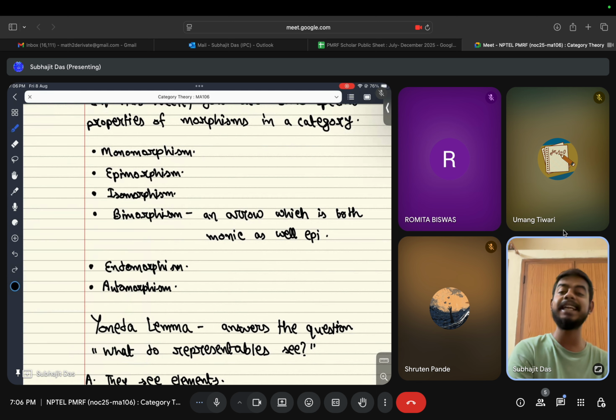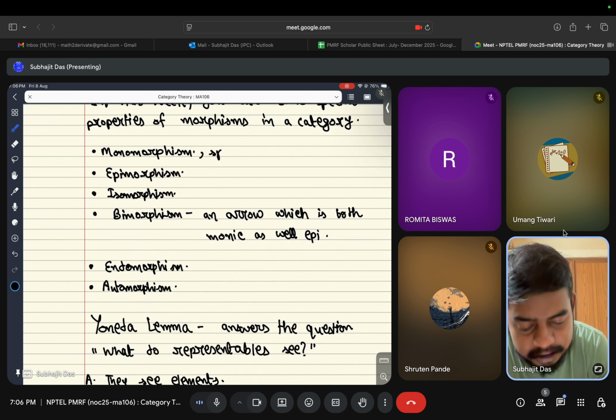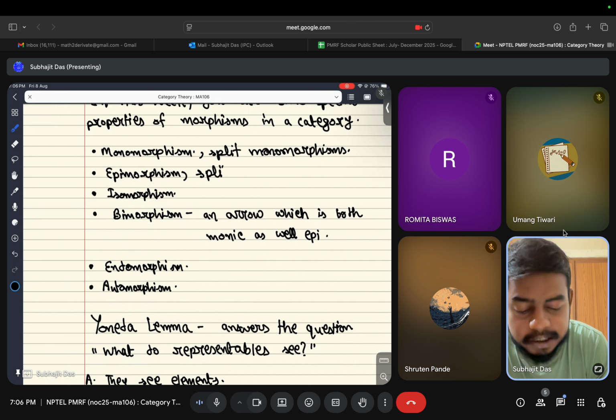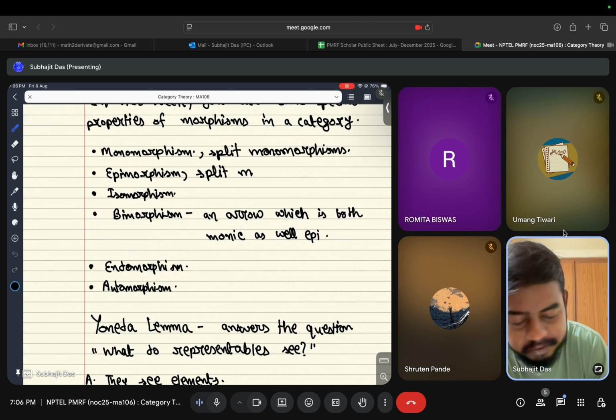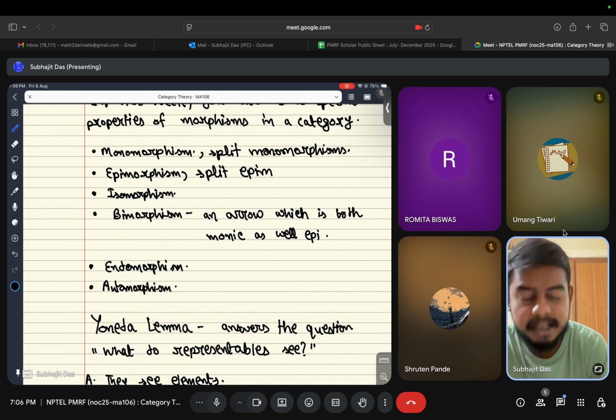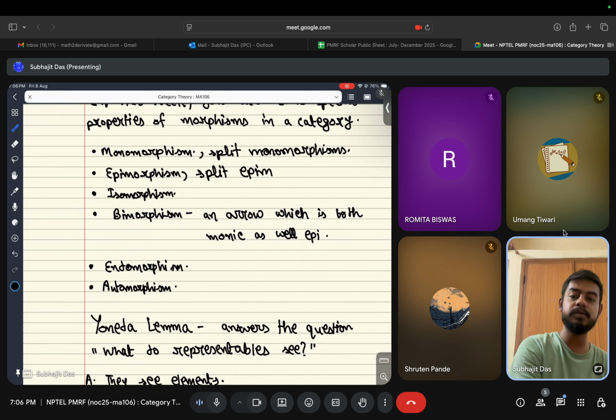They are exactly left invertible morphisms, that is arrows which have left inverses, are called split monomorphisms. And you also studied split epimorphisms, which are the dual notions. So what are split epimorphisms? Split epimorphisms are exactly those arrows in a category which are right invertible, that is, which have right inverses.